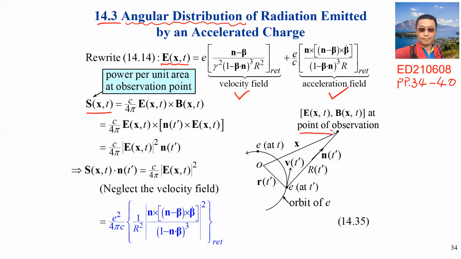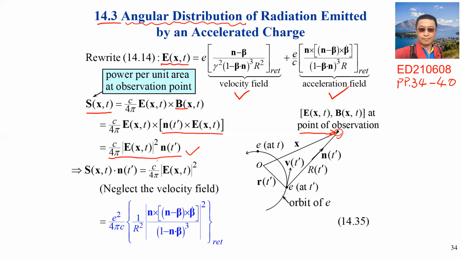Here is the point of observation. So the E field from this one, the B field can also be related to it here. That's the B field. From these two, we can obtain a simple relation.